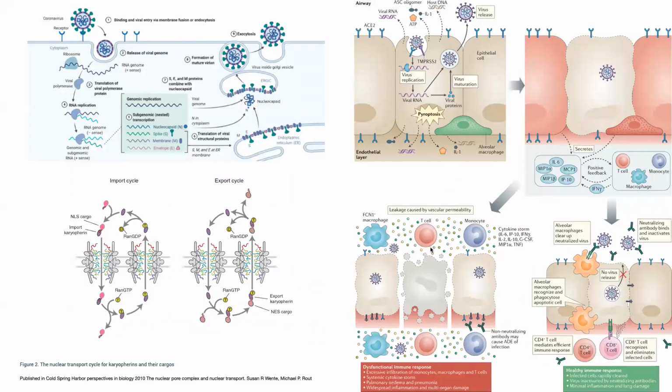As you remember, we did an overview of how the virus enters and unpackages its RNA, then produces the viral polymerase protein, and then starts producing these subgenomic RNAs that encode different types of proteins.